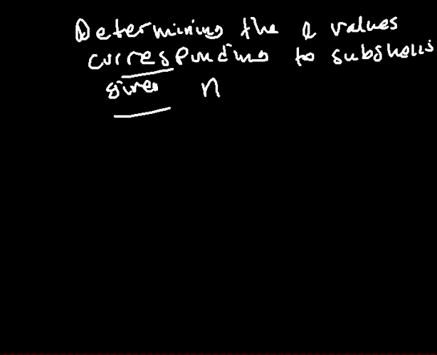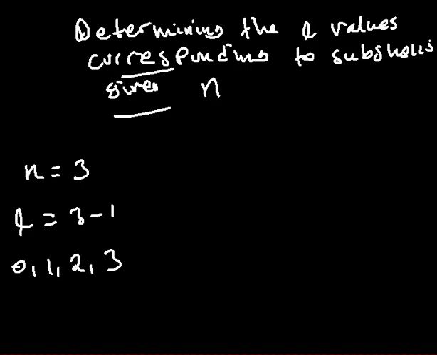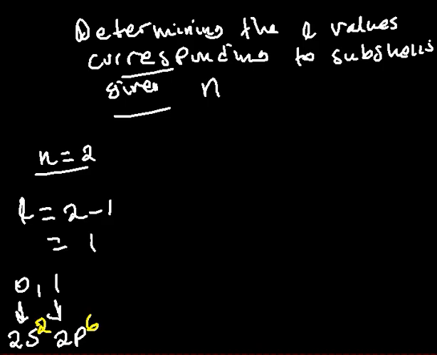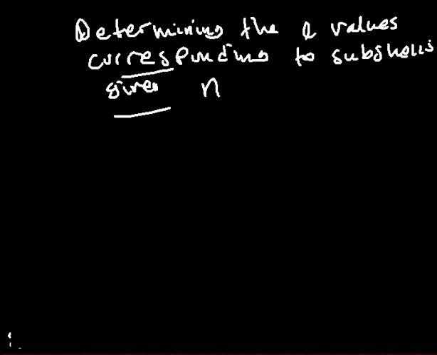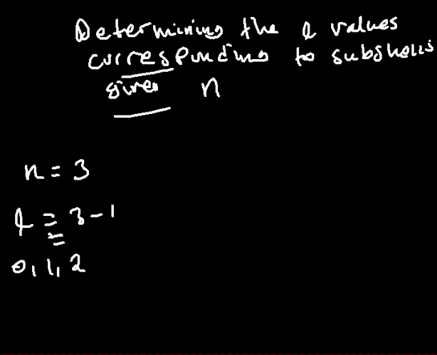And how about the third energy level? In the third energy level, we have the value of L, which is given as 3 minus 1, which is 2, and the possible values of the subshells range from 0 to 2, so we have 0, 1, 2.